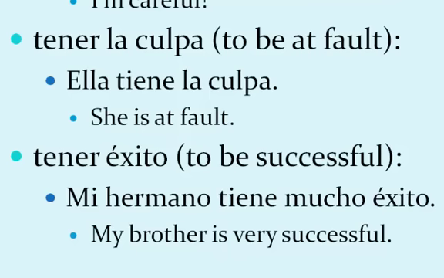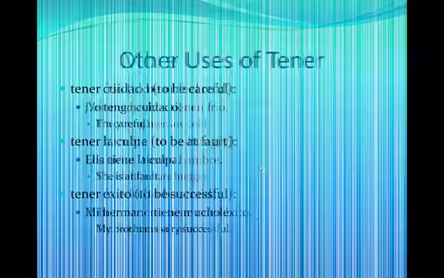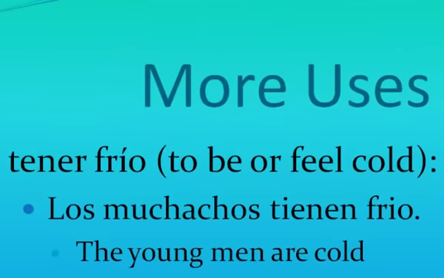Because tengo is the I form. Nosotros tenemos mucho éxito. We are very successful. You don't say we have very successful, we are very successful. So that's the difference. It's just a different way of using the verb in Spanish, so you always have to be aware of that. There are different ways to say different things. So that's why I tell you, don't learn word by word. Instead, learn what the word means.